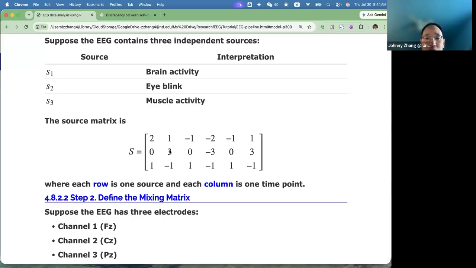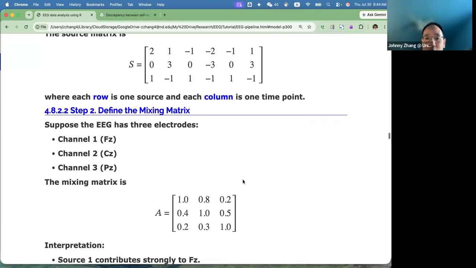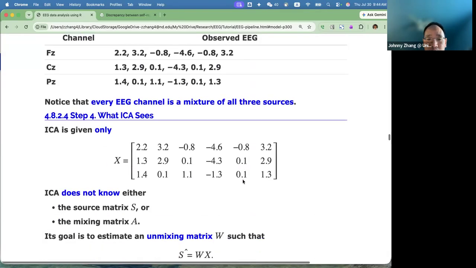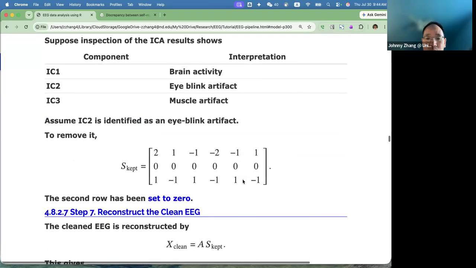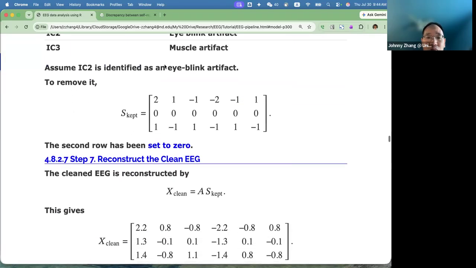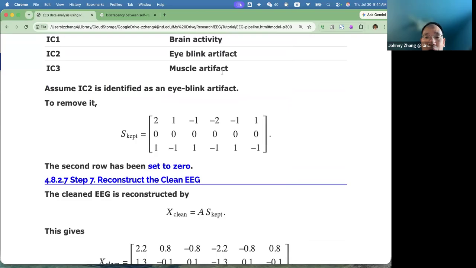If we go back to the original calculation, those are the source matrix, right? So this is from eye blink. If we set this to be zero, therefore the calculated EEG signals do not have this eye blink information anymore. So we effectively removed this eye blink artifact from our EEG signal. And certainly if you also want to remove the muscle artifact, you can also set these rows to be zero too.